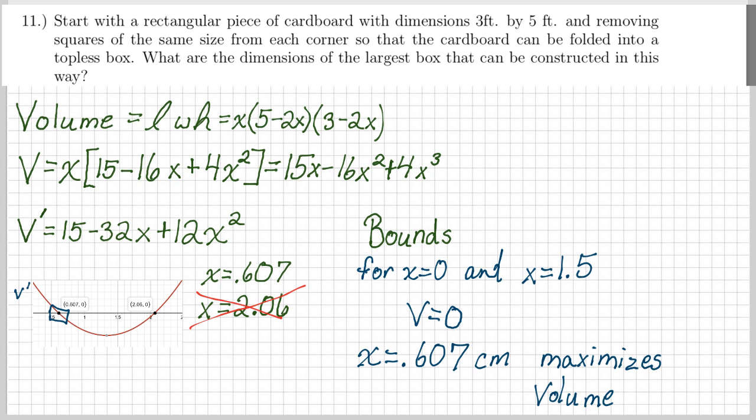So you can also look at the graph of the first derivative to see that this is a local maximum. Okay? So there are a couple of different ways that you can see that this maximizes the volume of the box, either by checking the endpoints, which are here, and I guess they're off the screen, or by reasoning about what the derivative is doing.